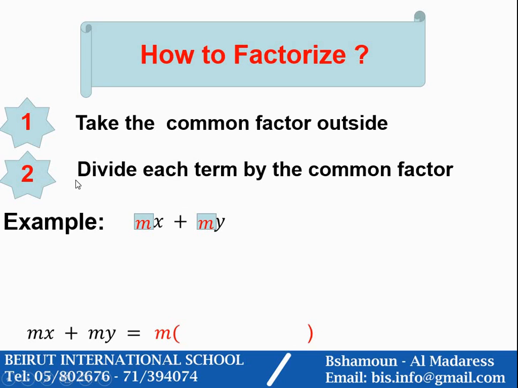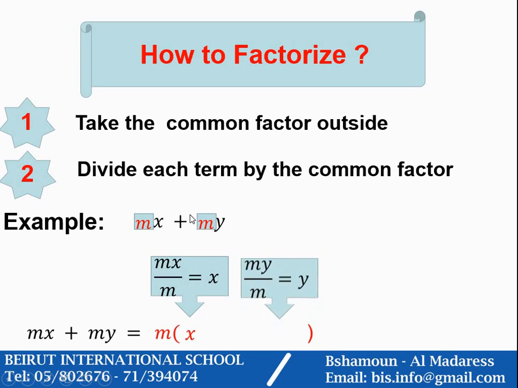And then you move to the next step, which is to divide each term by the common factor. So you take the first term, which is mx, and you divide it by the common factor, divided by m. When dividing, you simplify m by m, you get x. So you put here x. And then you take the second term and you divide it by the common factor, you get y, because you simplify m by m.